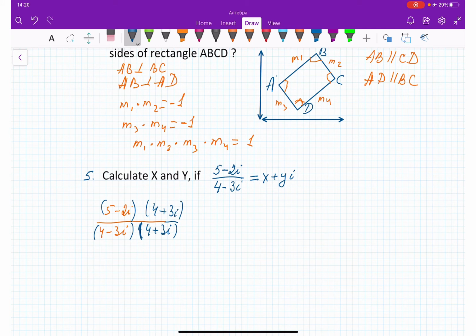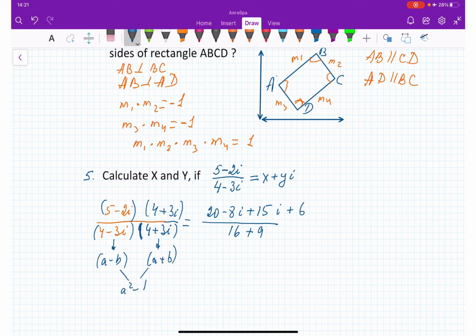Yes? So what we get, if I multiply, is 20 minus 8i plus 15i plus 6. In the denominator, it's going to be 16 plus 9. How? This one is A minus B, and this one is A plus B, right? Their product is going to give A squared minus B squared.